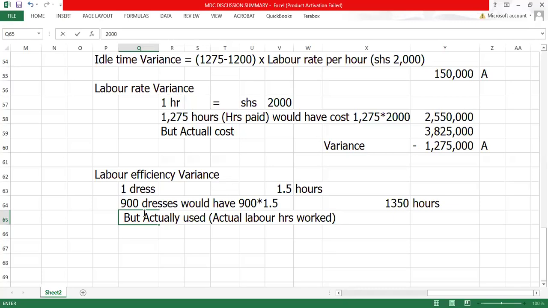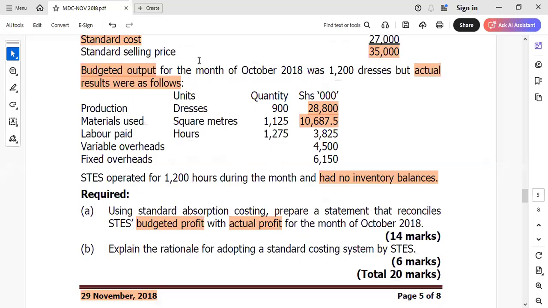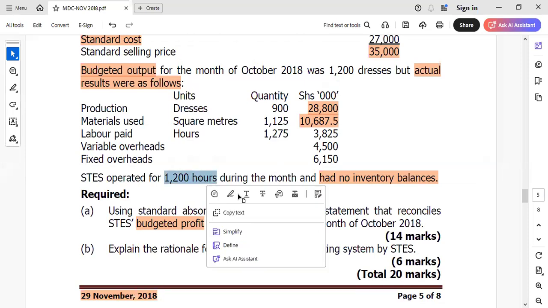The actual labor hours worked were how many? Oh, you guys can't hear me. Can hear you. Actual labor hours worked: 1,200.